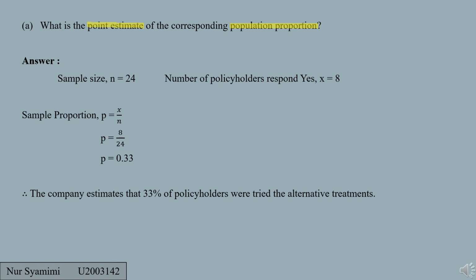From the previous slide, we know that the sample size is equal to 24 and the number of policyholders who responded yes is equal to 8. So we just insert the values into the formula. P equals 8 divided by 24, and we get P equals 0.33. In conclusion, the company estimates that 33% of policyholders will try the alternative treatments.